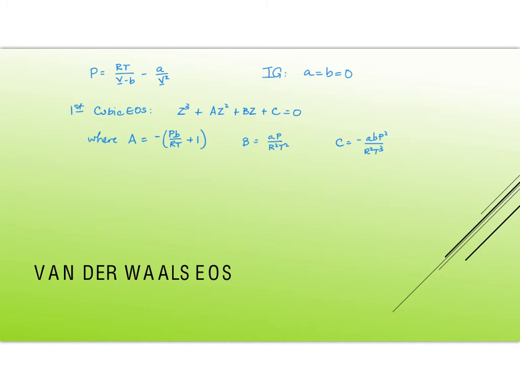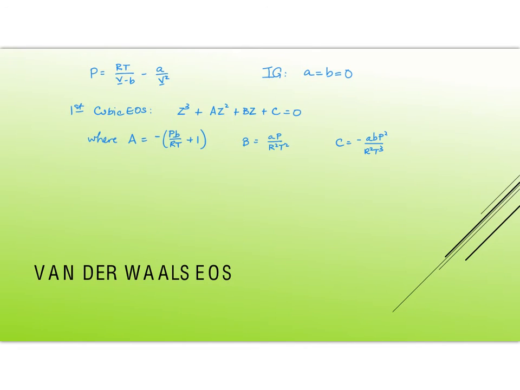Now, these constants relate to the original form as A is equal to the negative of PB over RT plus 1, capital B is AP over R squared T squared, and C is negative AB P squared over R squared T cubed. We can find values for these, which are fixed values for a particular material, by using definitions of how a critical point works.